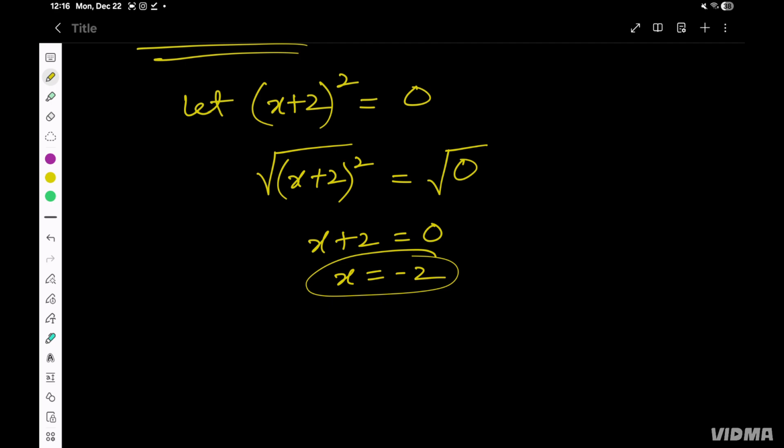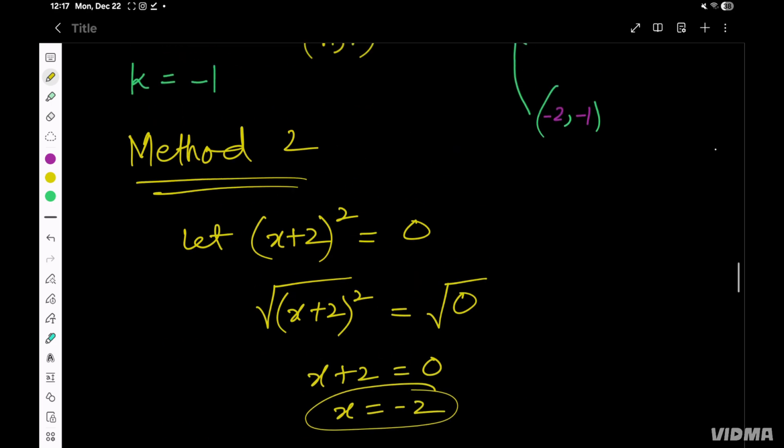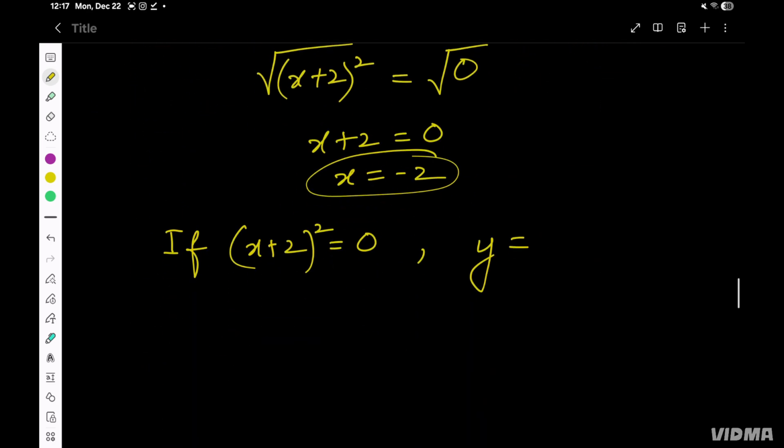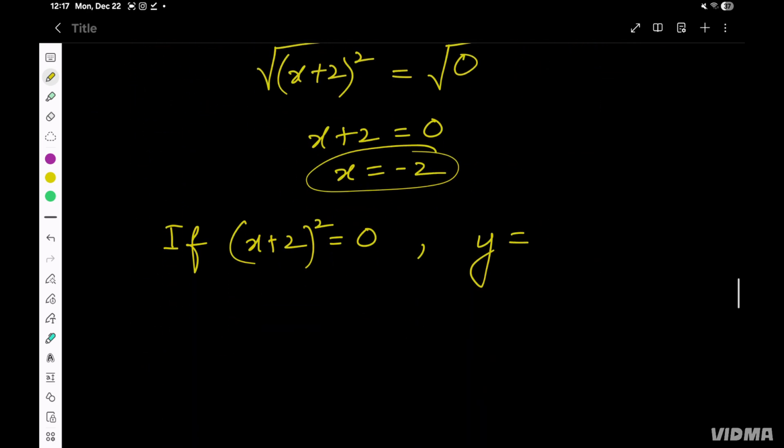Now if your (x plus 2) whole square is equal to 0, then your equation would become y is equal to 0 minus 1. That is basically minus 1. So you can find the y coordinate of the turning point from here.